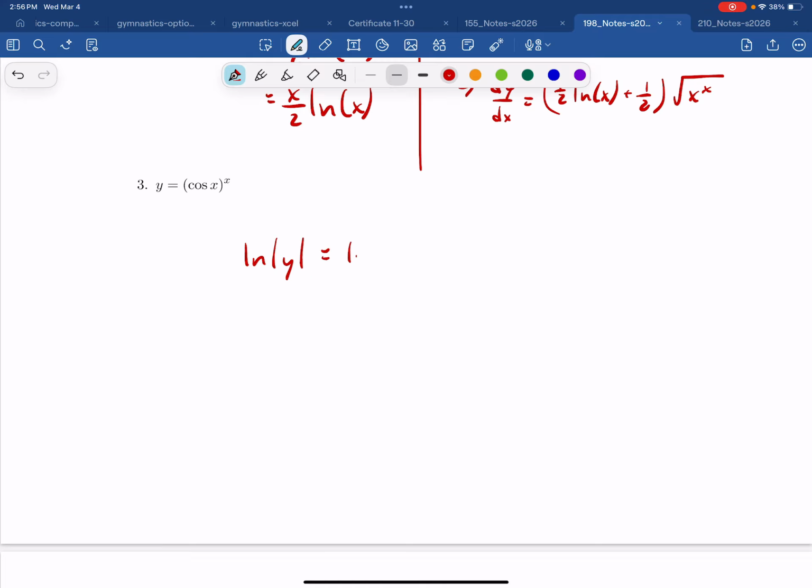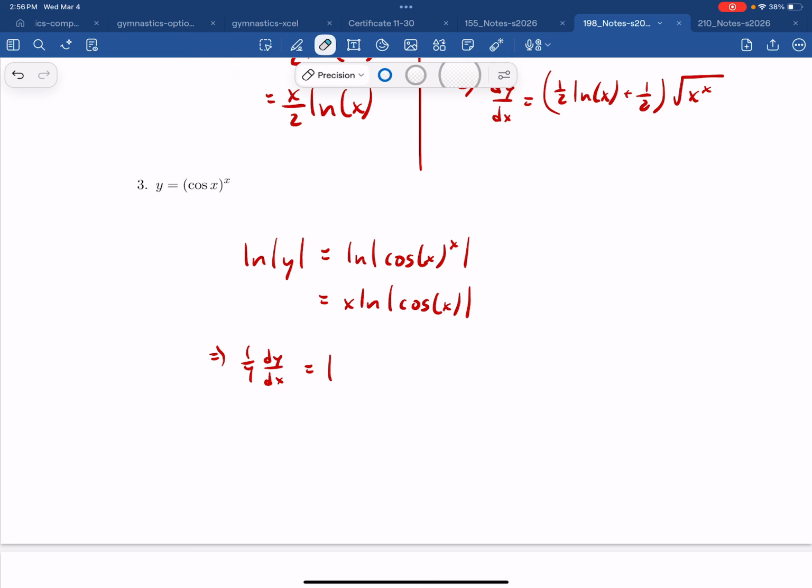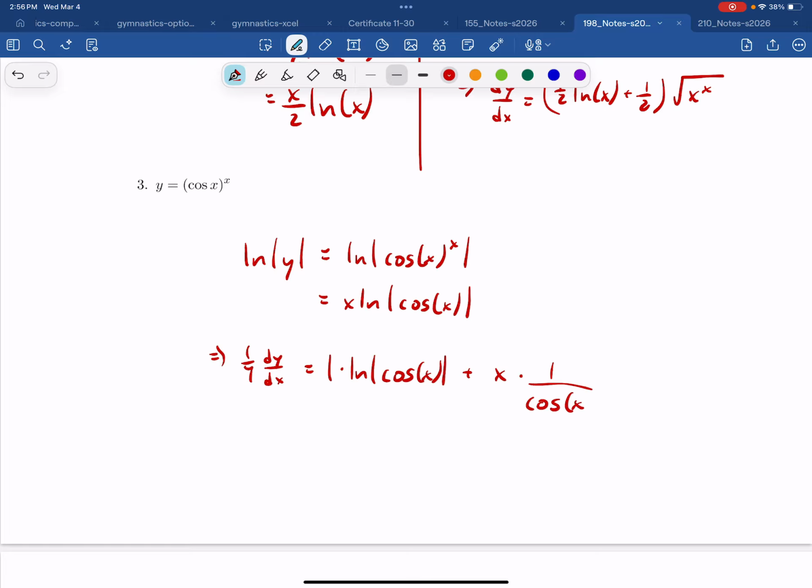I'll do one more example. This is going to be ln of the absolute value of cosine of x to the x. Bring that down. Take the derivative implicitly. And we get, well, it's going to be 1 times ln of cosine of x. And then we take the derivative of this guy.